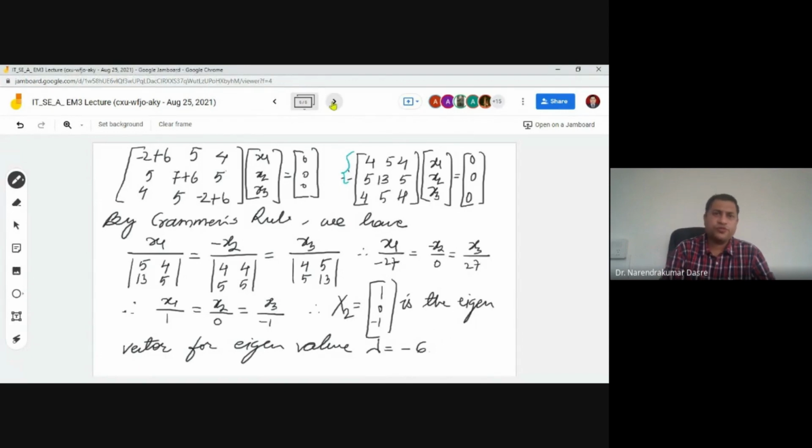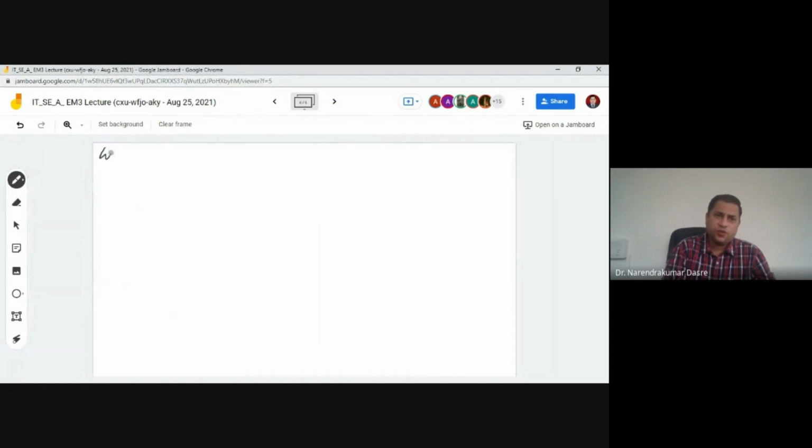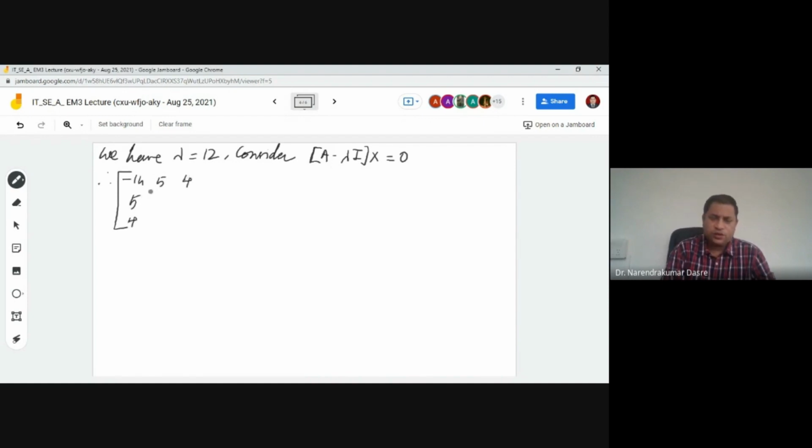Now we have to think of the next one: lambda equal to 12. We want to find the eigenvector, so we have (A minus lambda I) into x equal to 0. What we get here is 12 subtracted, so it is minus 14, 5, 4, and 5, 4.